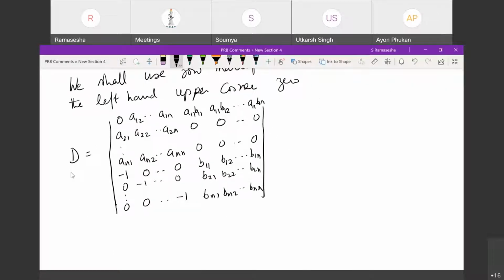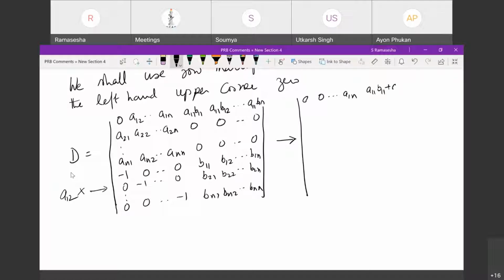Next, I want to put A12 to 0. To do that, I have to multiply this row by A12 and add it to the top row. If I do that, I will get the following: 0, 0, A1n, and I have A11 B11, to which I have to add A12 B21.